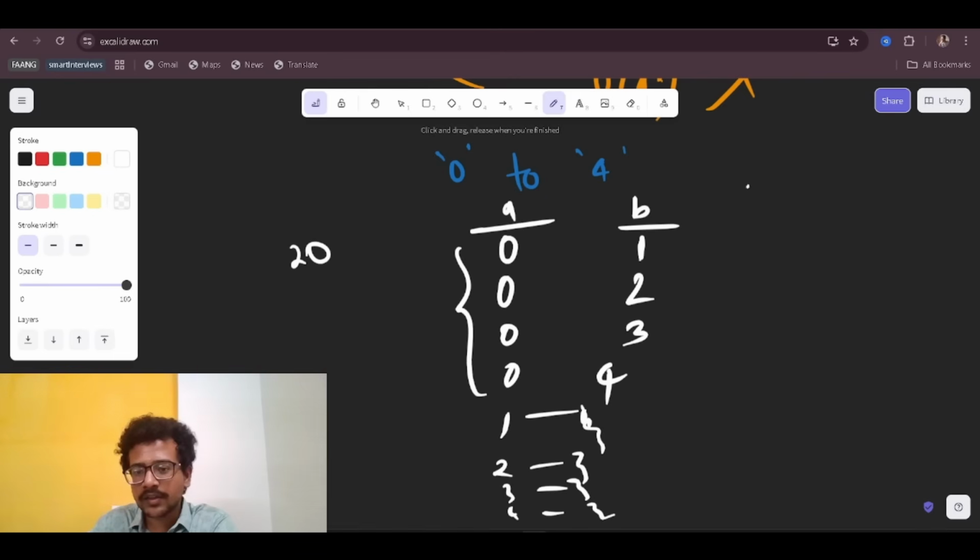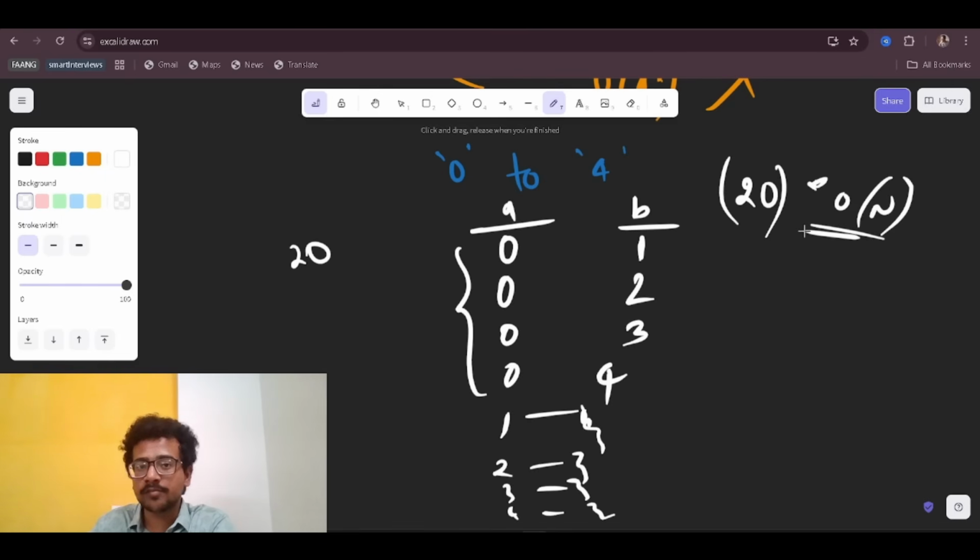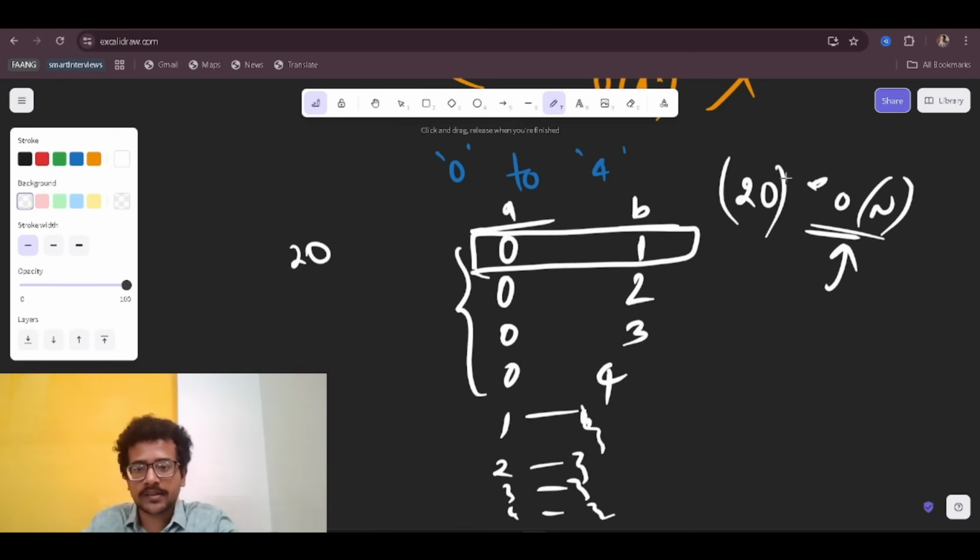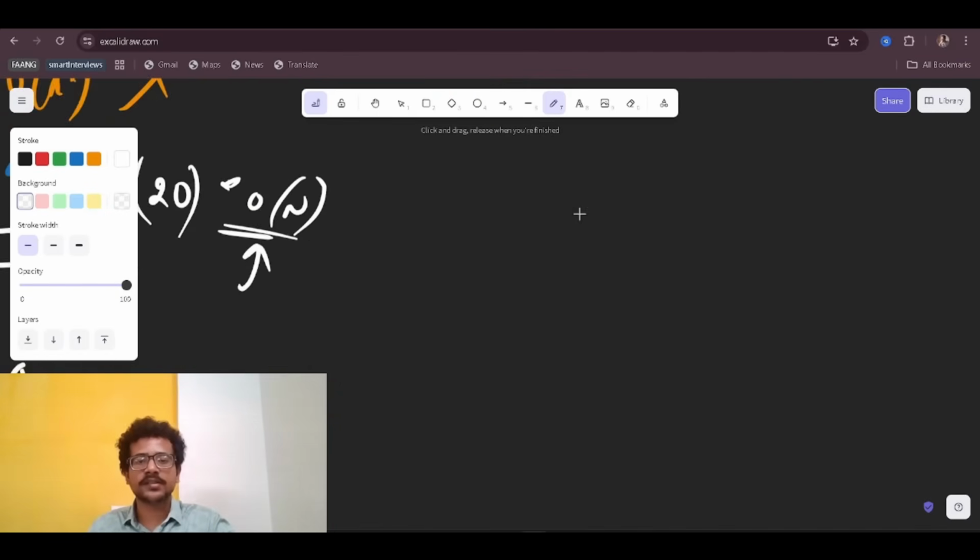Now, if I write something like 20, that means I am fixing A and B. And if I write an algorithm which takes big O of n and returns the maximum difference by considering each pair, like for every pair in these 20 pairs of A and B, then I would get the maximum difference at the end.